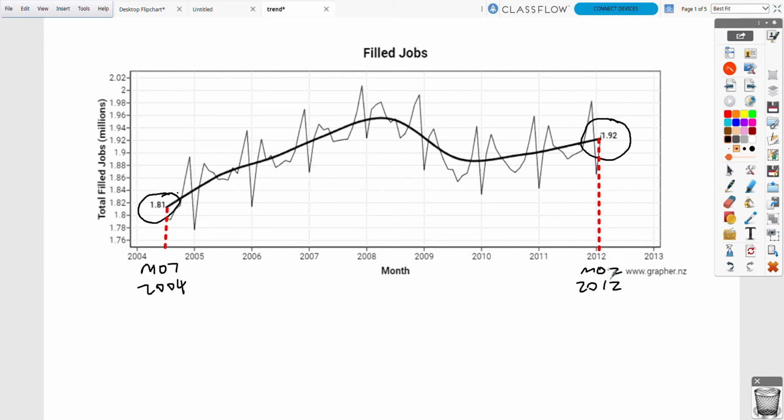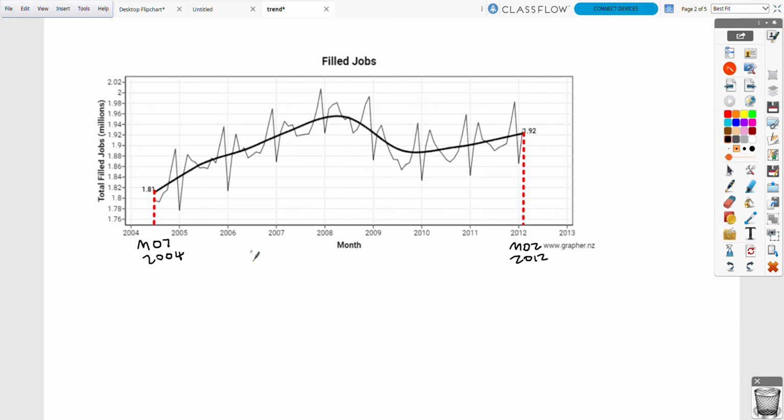That means that my last piece of data was collected in February 2012. The first analysis we want to do then is to describe what we've got there. So my trend line starts at 1.81 million in July 2004 and has risen to 1.92 million by February 2012.